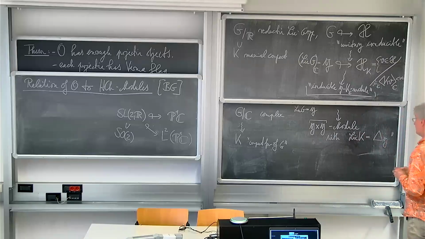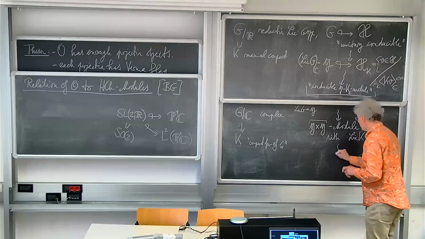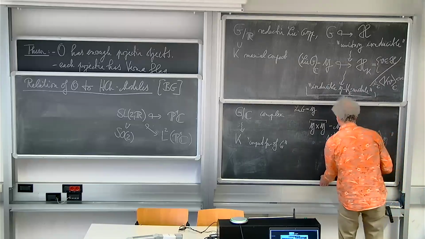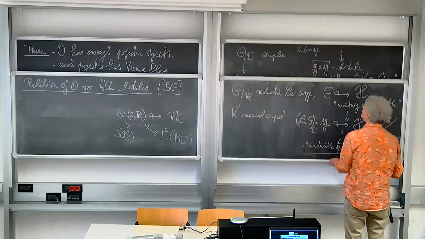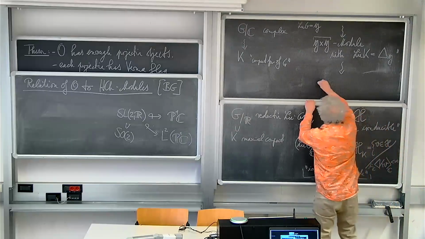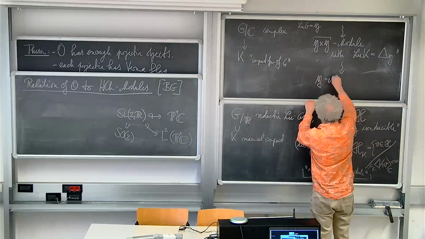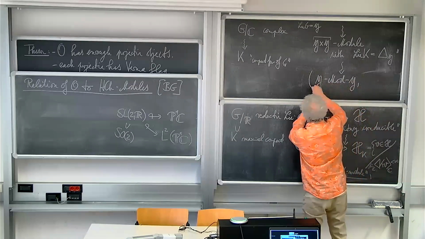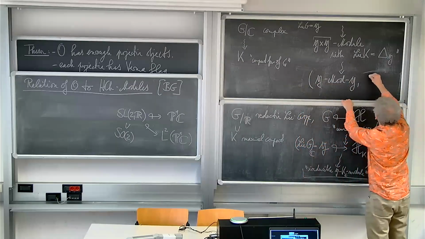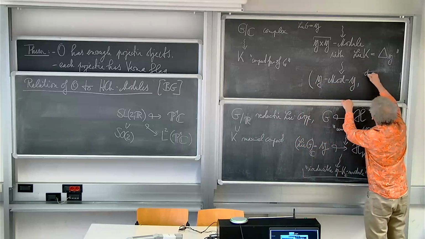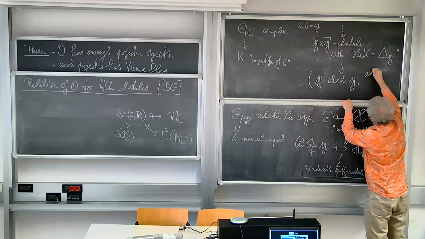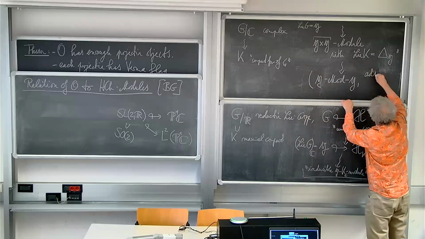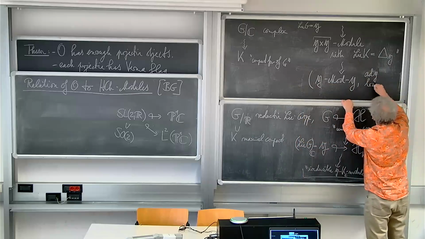Okay, and we can transform this to a bimodule for U(g) such that the adjoint action of g is locally finite.